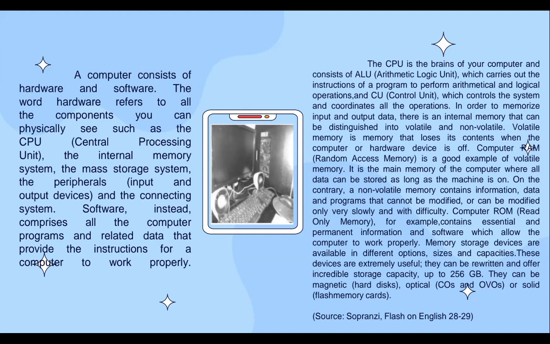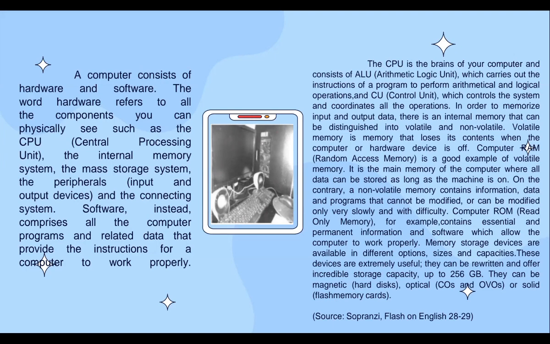There is an internal memory that can be distinguished into volatile and non-volatile. Volatile memory is a memory that loses its contents when the computer or hardware device is off. Computer RAM or random access memory is a good example of volatile memory.